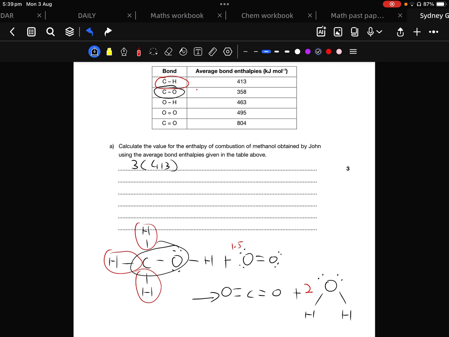And we only got one of them. We also got oxygen to hydrogen, which is right here, and we only got one of them as well. And our last reactant is oxygen to oxygen, with a double bond, which is 495.